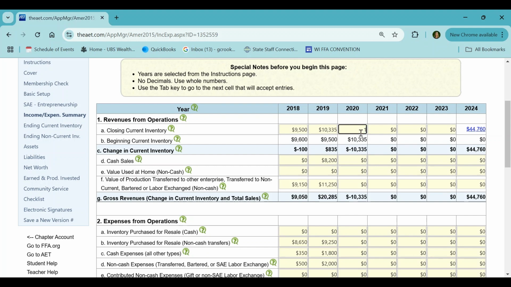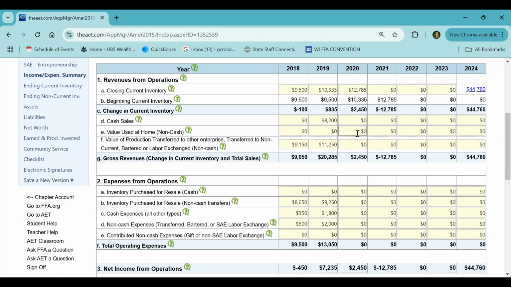And we're going to put in $12,785 for this year. And you'll notice that that automatically transfers over here. Okay, and then there were animals that were purchased for resale again this previous year. So we're going to show cash sales here. And we have cash sales of $58,000.